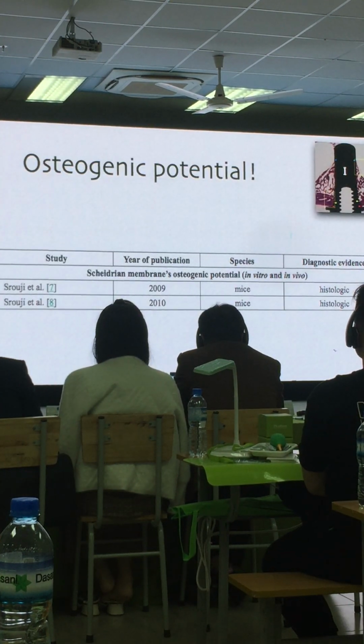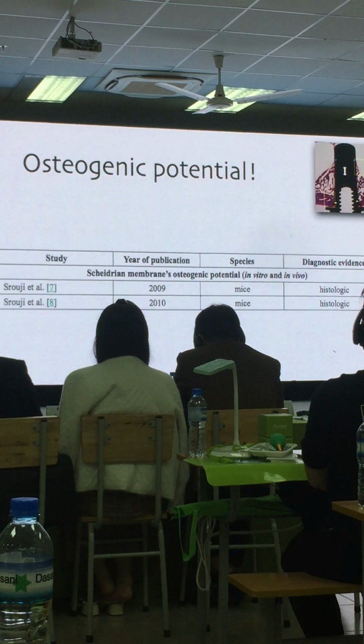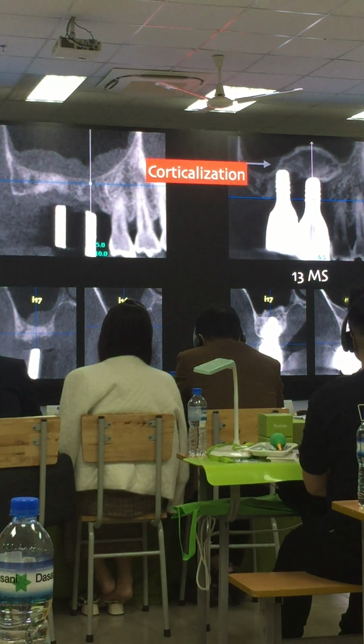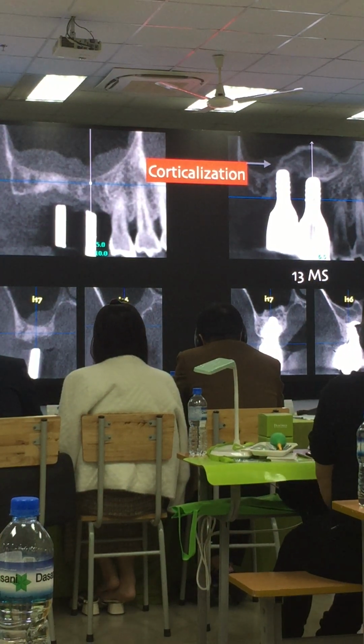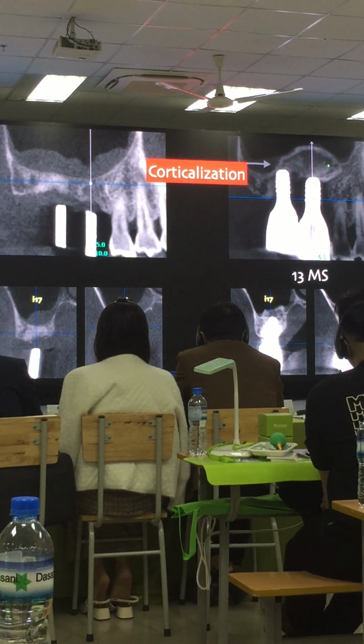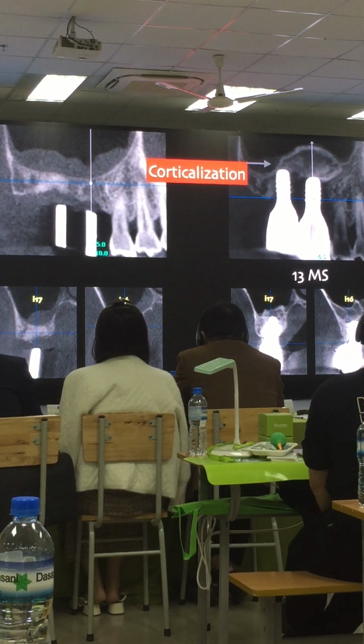Many preclinical and clinical studies demonstrated that the sinus membrane itself has high osteogenic potential. In this clinical case, you can also find the solid cortical layer formation underneath the sinus membrane after sinus augmentation.